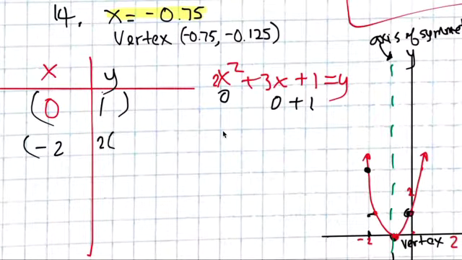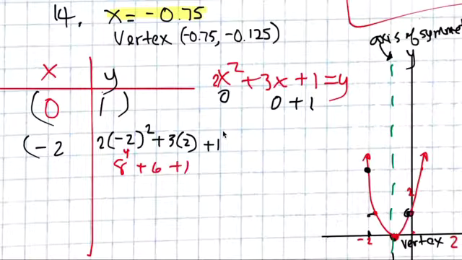So 2 times -2 squared plus 3 times 2 plus 1. I would get, that's 4. 4 times 2 is 8 plus 6 plus 1. Oh, -2. That's -6. That gives me 2, 3.